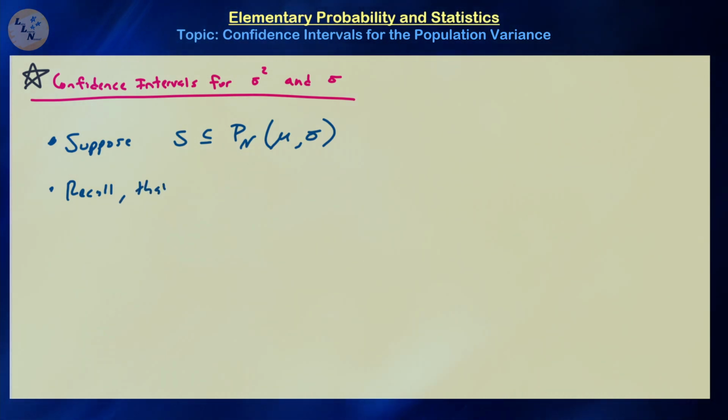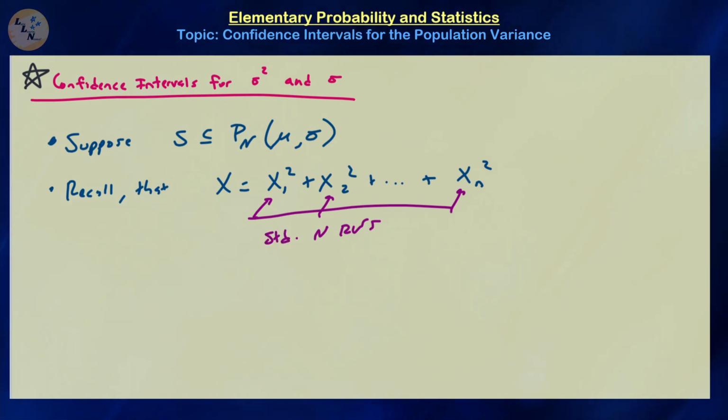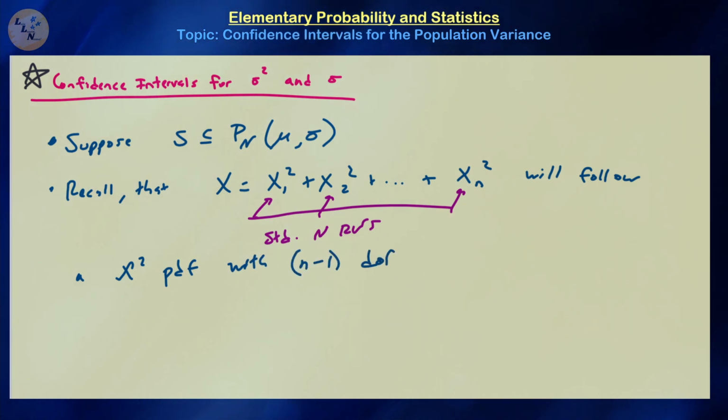Recall that if X is equal to X1 squared plus X2 squared all the way out to Xn squared, where each of these Xk's are standard normal random variables, then the sum of the squares of these standard normal random variables will follow some distribution. In particular, it will follow a chi-squared distribution with n minus 1 degrees of freedom.